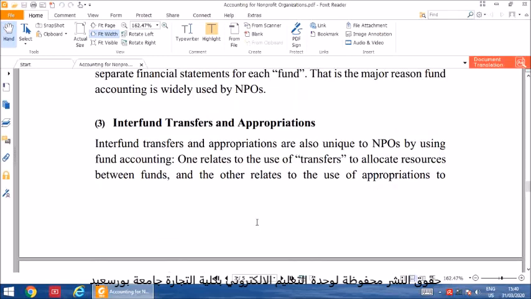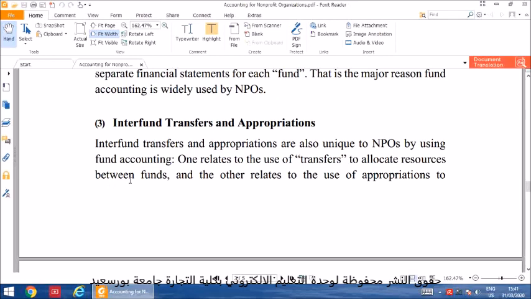Inter-fund transfers and appropriations. Inter-fund transfers and appropriations are also unique to non-profit organizations, related to NPOs by using fund accounting.